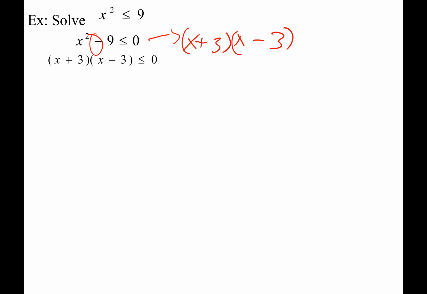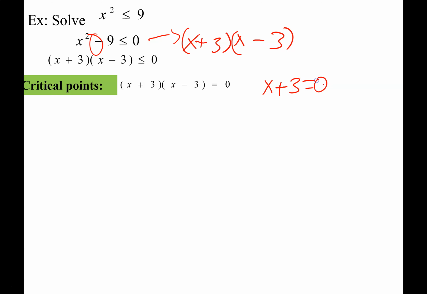So I want to find my critical points. So I'm actually going to turn it into an equation and solve for x. Our critical points are going to go on our little sign table or sign chart. Set each of your factors equal to 0 and solve for x, all right?